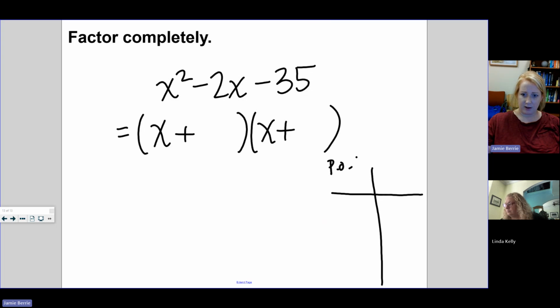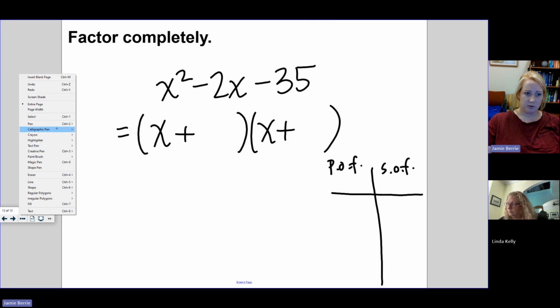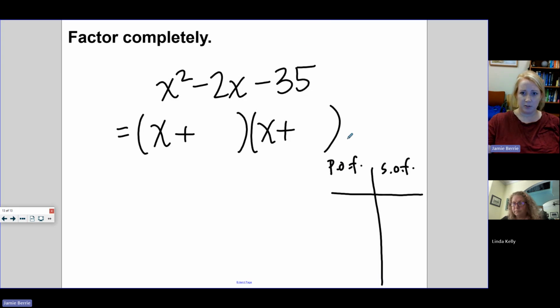Pairs of factors, sums of factors. These factors are supposed to multiply to give you negative 35, and they need to add to give you negative 2.